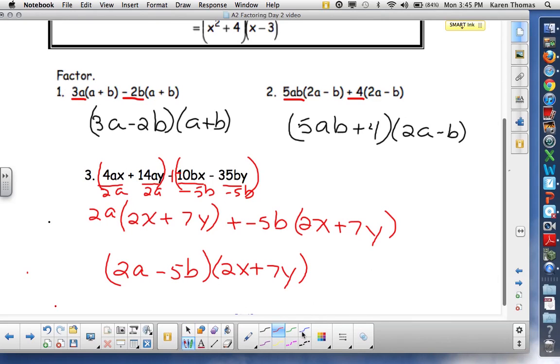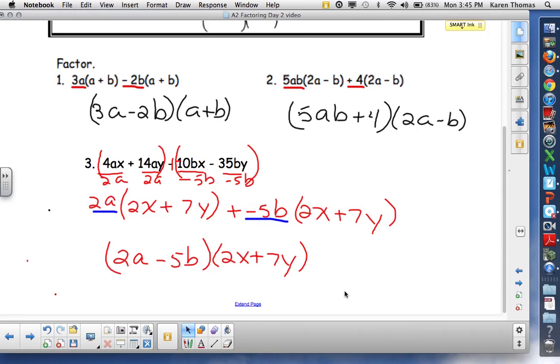I now have the same thing inside my parentheses, so I'm going to take this 2a and my plus negative b, write that together inside one set of parentheses, and the 2x plus 7 I've undistributed, and I have that in my next set.